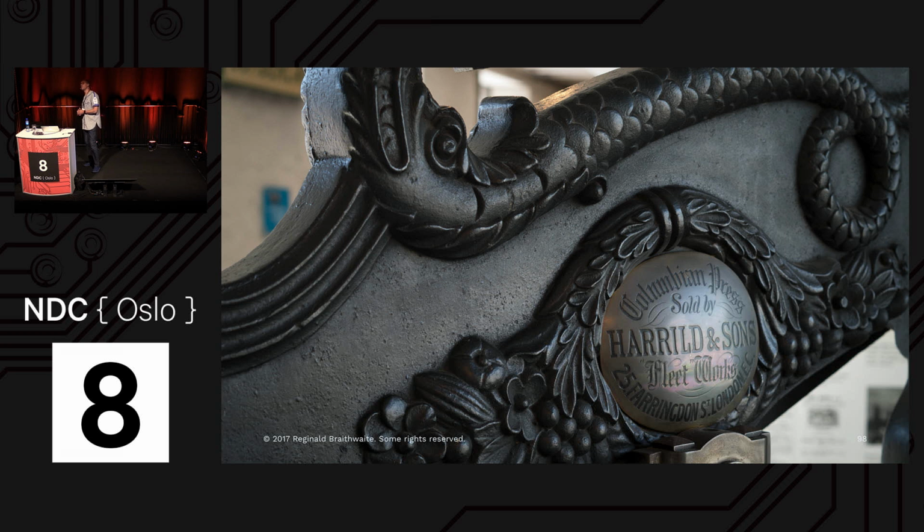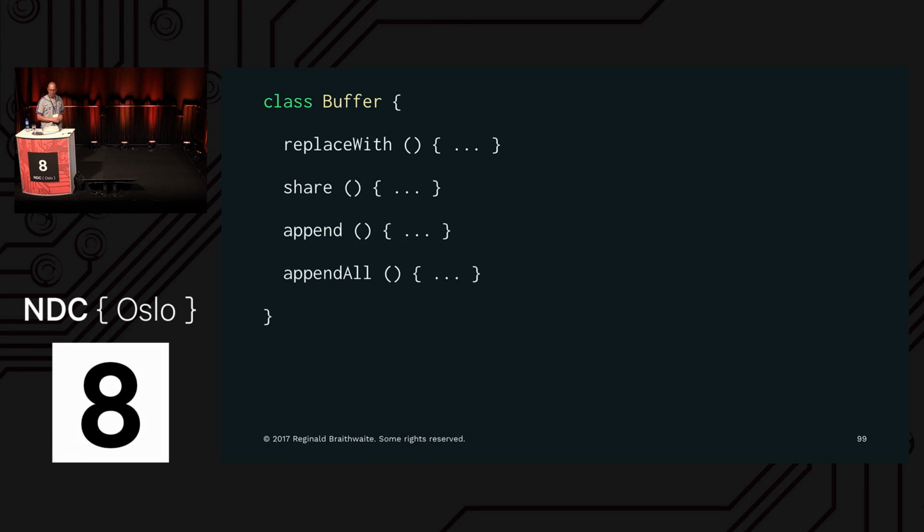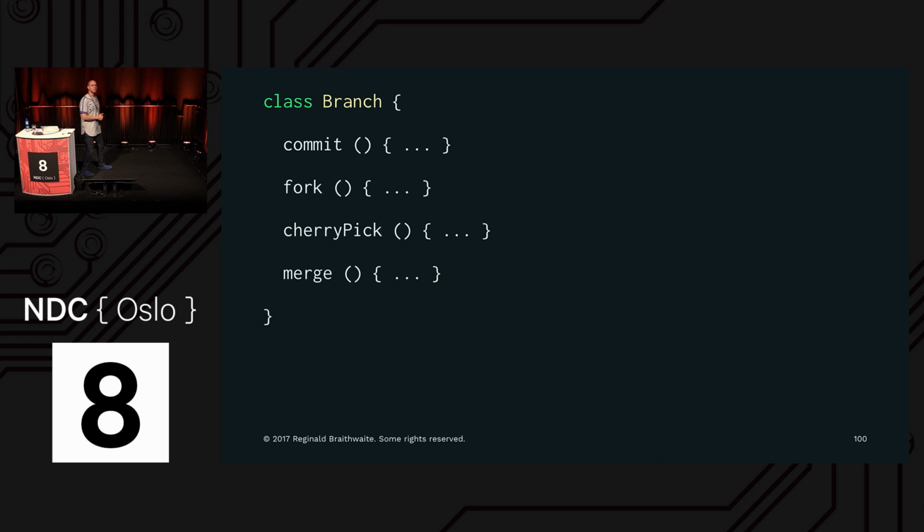Now, there are only two hard problems in computer science, right? Cache invalidation and naming things. And if we look at this buffer and rename things, does this not look very familiar to you? I used to work at a company called something Hub, GitHub, that's it. And we cared about this stuff all the time.